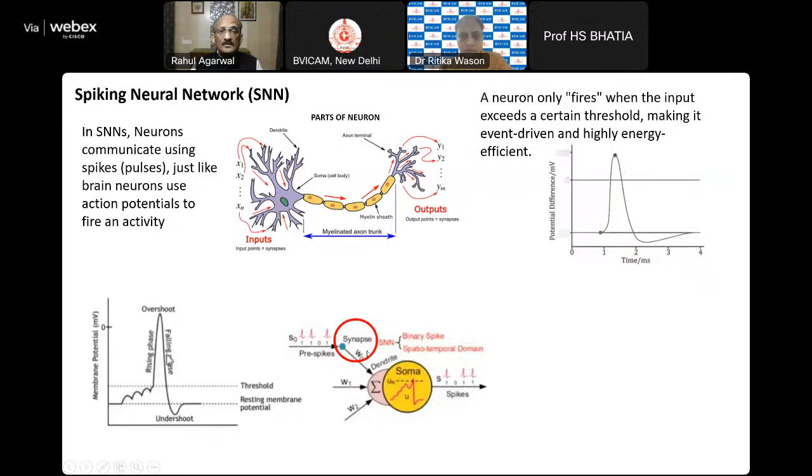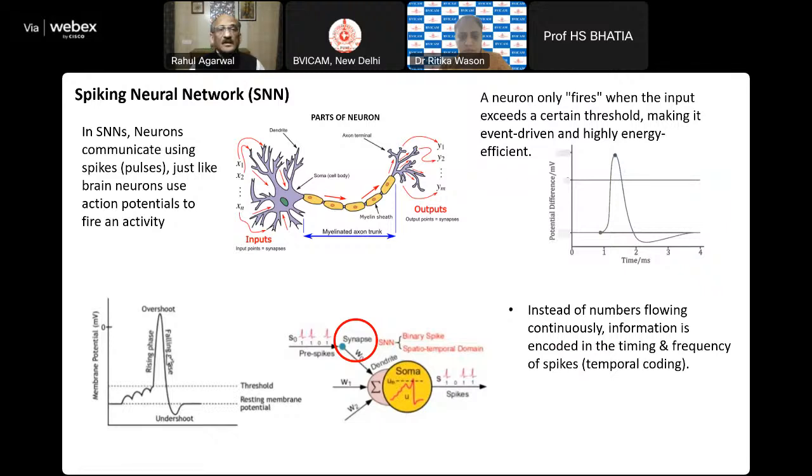So the weight is basically in terms of how much this particular synapse is getting used. Naturally, it creates some kind of resistance, and that resistance is automatically applied over here.